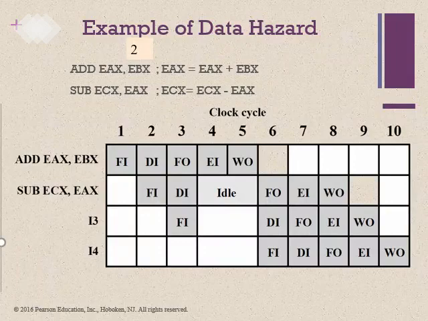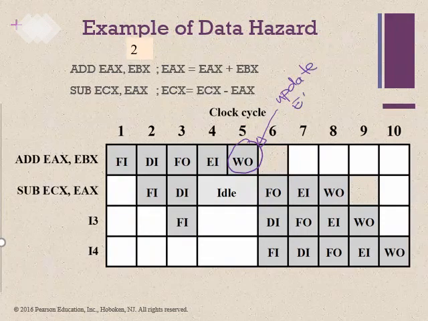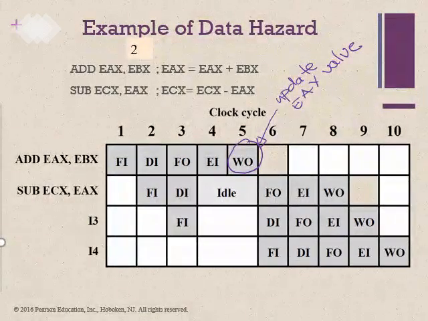And lastly, when do we update the latest value of register EAX? It is at the end of stage 5, which is write operand. This is where we update the EAX value. Okay, so far so good.